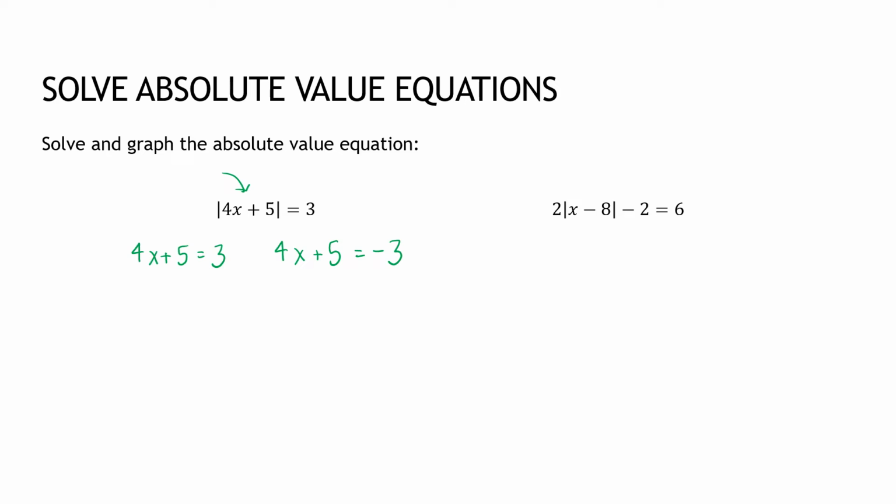Now you might be saying, well, hold on, you just told me I couldn't do that with a negative. But remember, the absolute value can't equal a negative. The expression can when I write it twice.